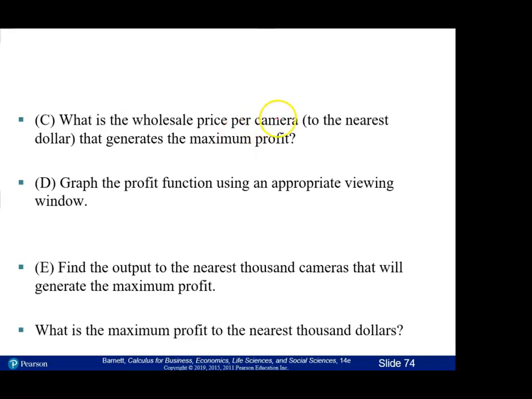Okay, for the wholesale price per camera, if we remember that the revenue is X times the price, and we're also given the equation for the revenue at the beginning of this problem, then what we can see here is that the price is actually 94.8 minus 5x.